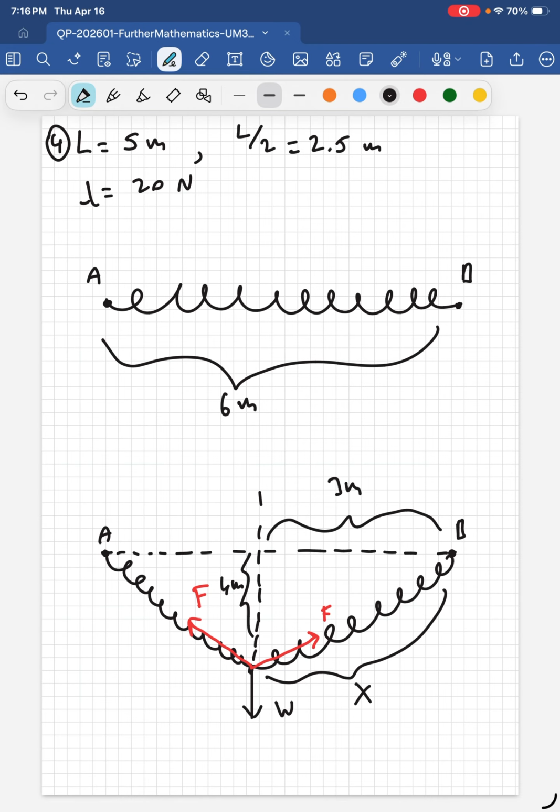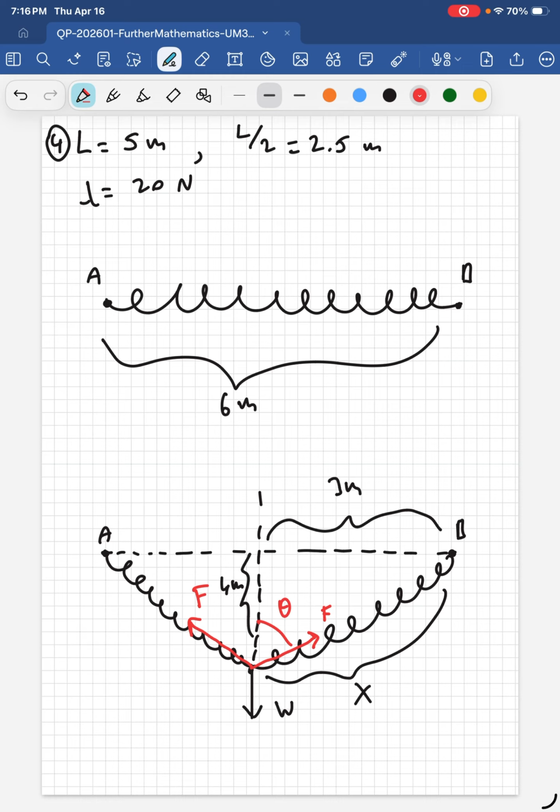So if x is 5 meters, then the whole length of the string becomes 10 meters. Therefore, the total extension is 5 meters, right? I hope you are still following.